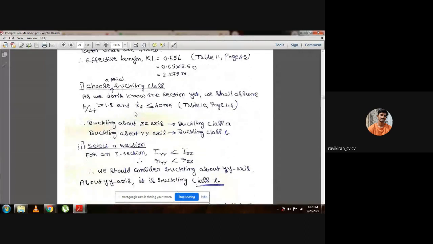And then we need to choose a trial buckling class because we do not know the section yet. So let us assume h by bf is greater than 1.2 and thickness of flange is less than 40 millimeter, which is available in table 10 of page 44, IS 800.